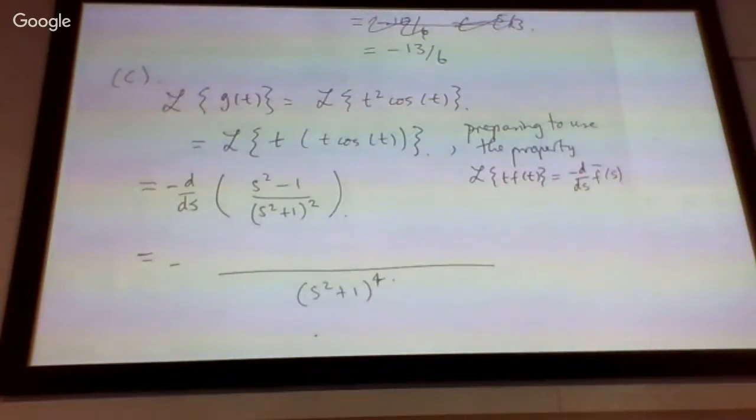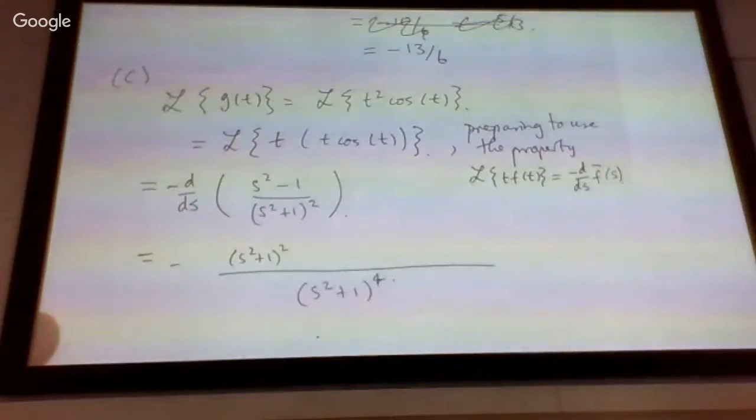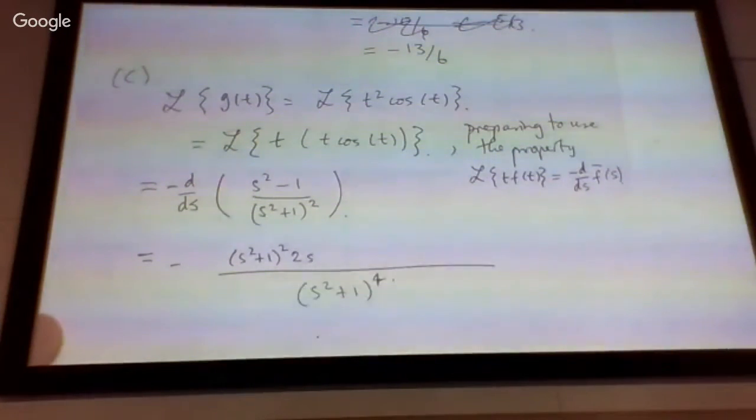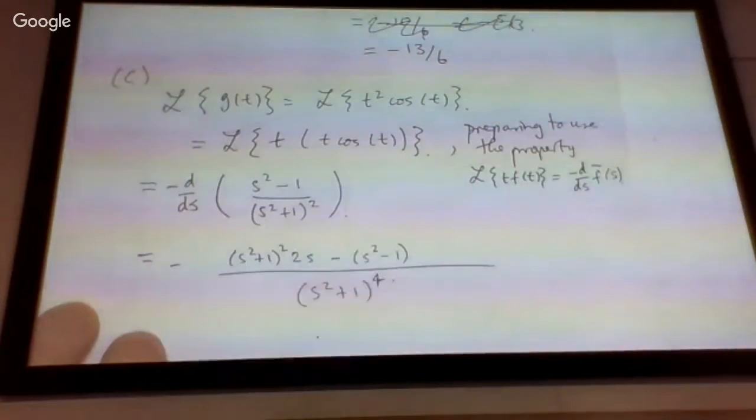And then what is it? The denominator times the derivative of the numerator. So it's s squared plus 1 all squared times the derivative of s squared minus 1, which is 2 times s. And then it's minus the numerator times the derivative of the denominator. For the derivative of the denominator, you can use the chain rule. You don't need to expand it out.